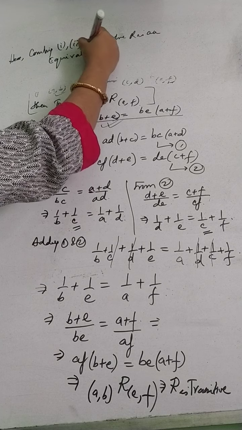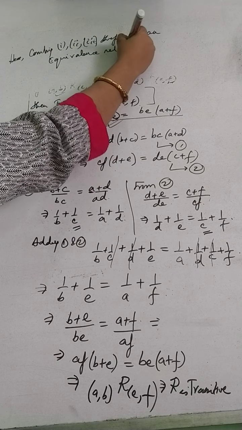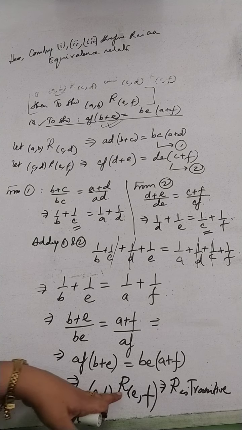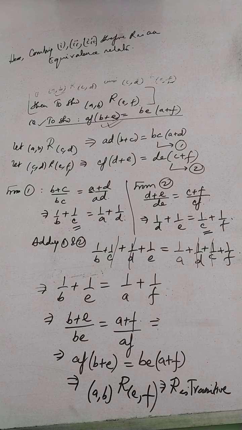Okay, I didn't write the final statement over here. After this I could have written that thus AB is related to EF when AB is related to CD and CD is related to EF. That is one line which you could add over here before writing R is transitive.